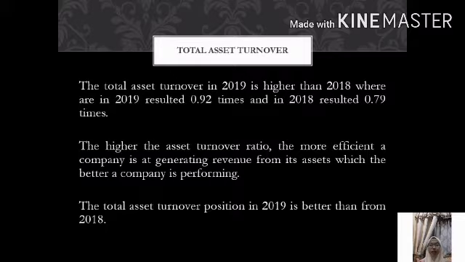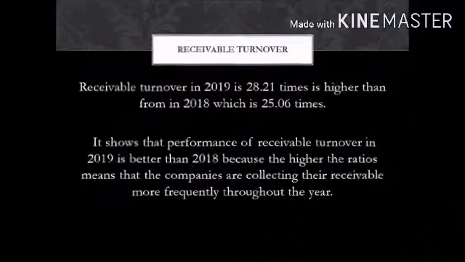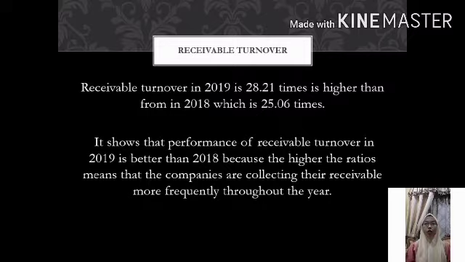The higher the asset turnover ratio, the more efficient a company is at generating revenue from its assets, which means the better a company is performing, which means that the total asset turnover position in 2019 is better than in 2018. The receivable turnover of Berjaya Food Berhad in 2019 is 28.21 times, higher than in 2018, which is 25.06 times.